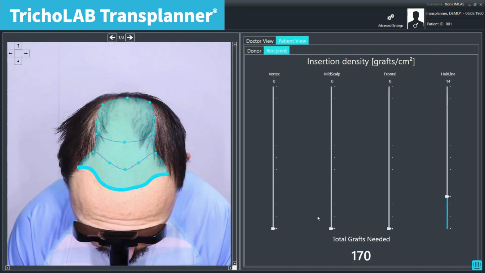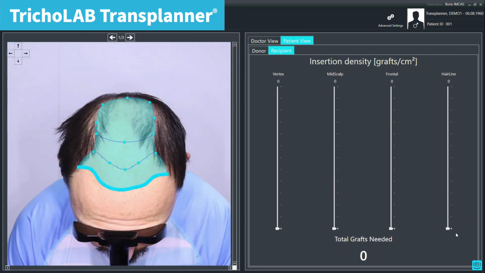We have another patient view to educate the patient, and we distinguish between, of course, the hairline, the frontal part, the mid-scalp, and the vertex. Why? Because we talk here about insertion density, so grafts per square centimeter. That means in the hairline, we always insert 50 to 55 grafts per square centimeter because, as you know, it's single grafts.